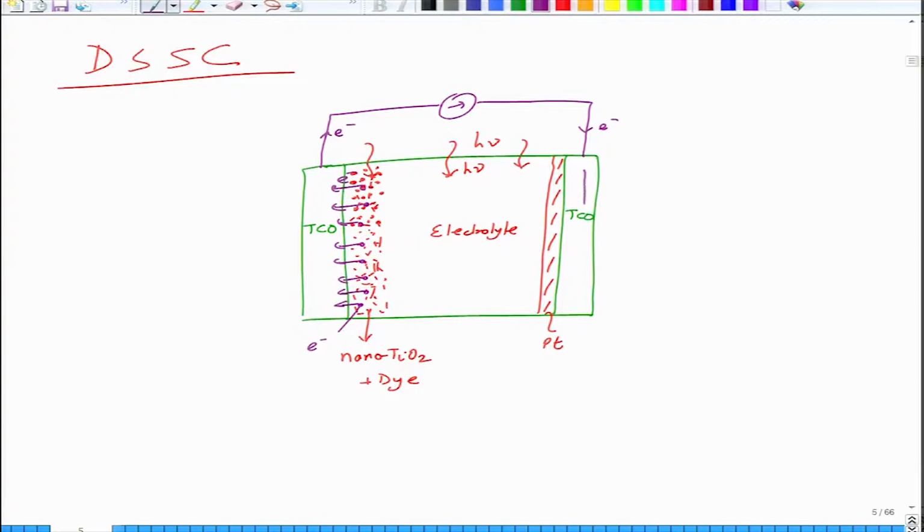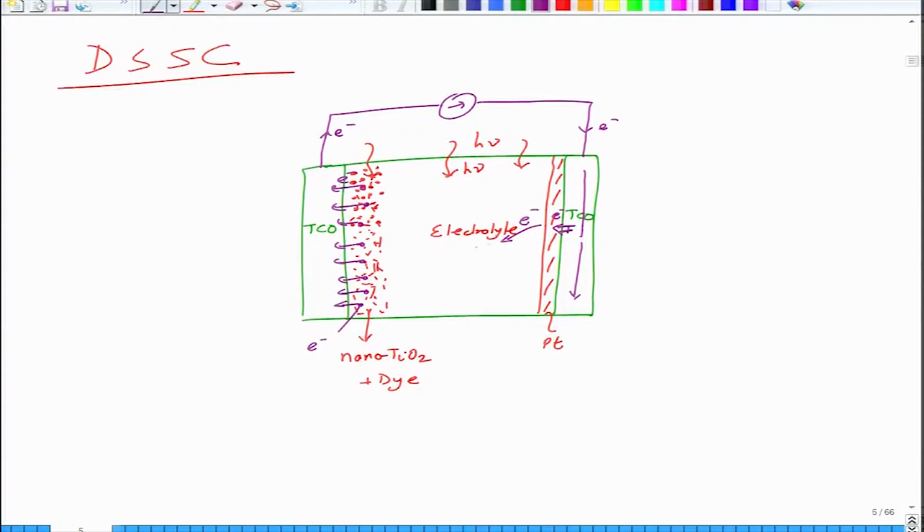From this side the electrons move to the other side, and then we have electron transfer happening here, so that they regenerate the dye.